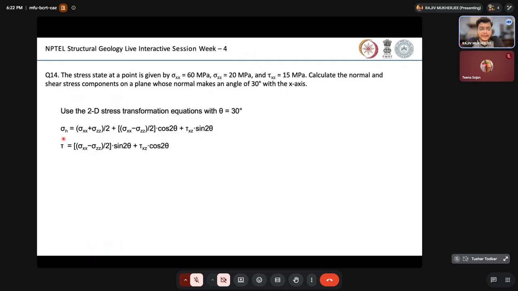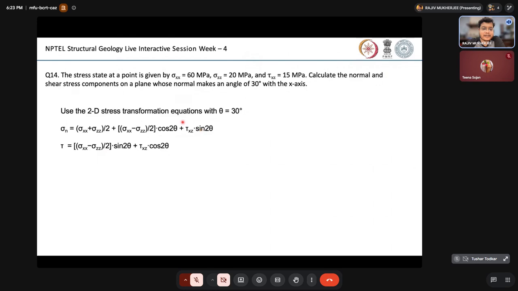And you will be asked to calculate the normal and shear components just based on the principal axis of principal stress values. But along with these principal stress values, you're also getting a shear stress value. So how do you use that shear stress value? You use these shear stress components as well. So you have this normal stress formula. This is the simple Mohr circle formula.